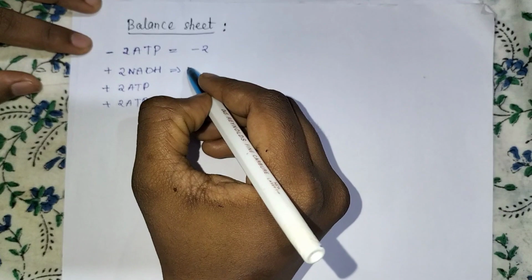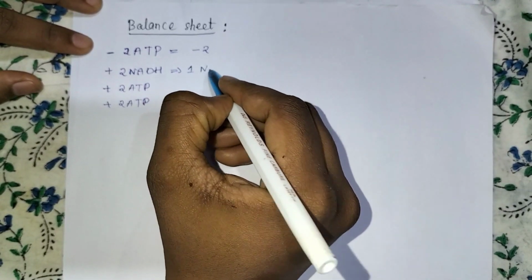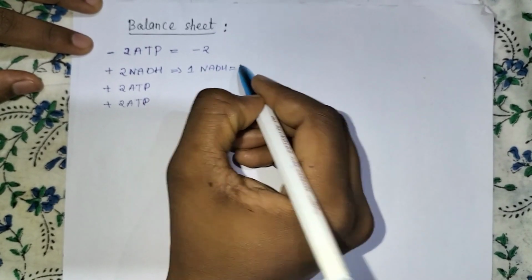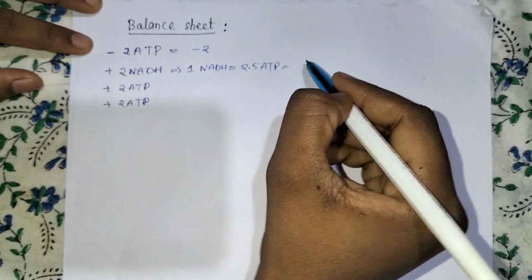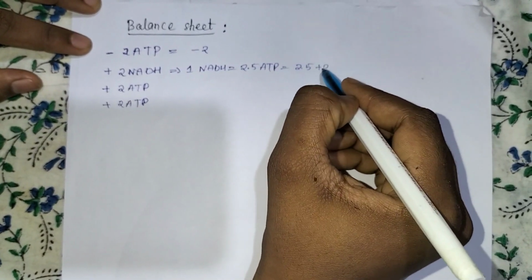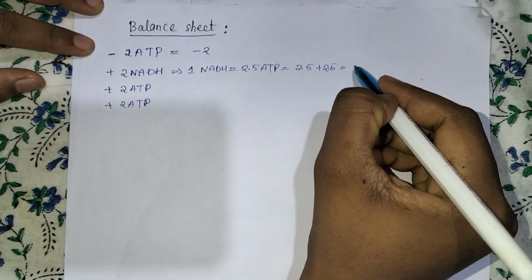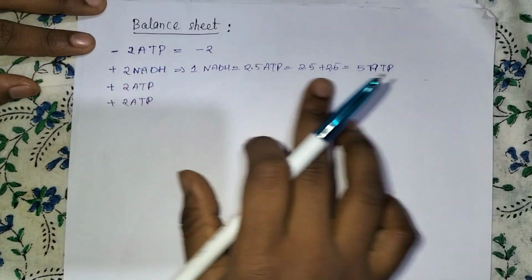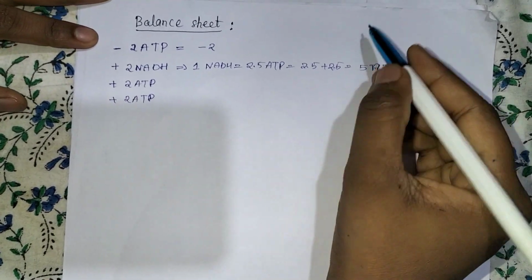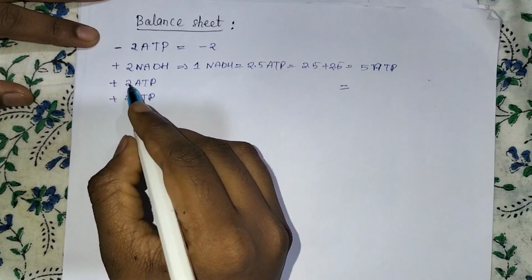So here 1 NADH will produce 2.5 ATP. So it becomes 2.5 plus 2.5, so 5 ATPs are produced here. Okay. So 2 NADH is producing 5 ATP. Next, 2 ATPs.